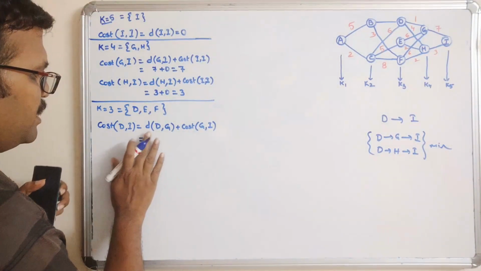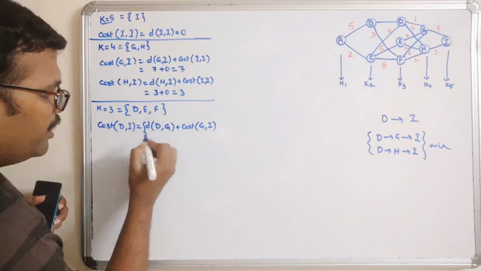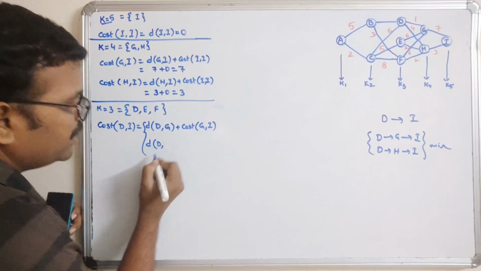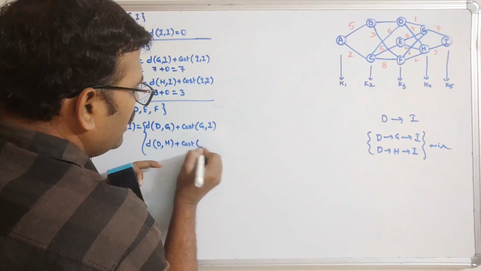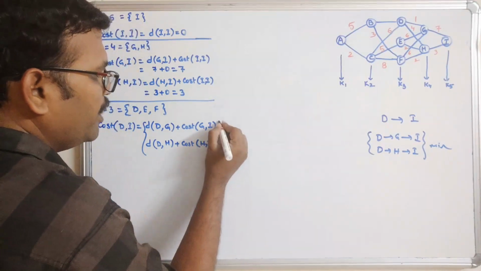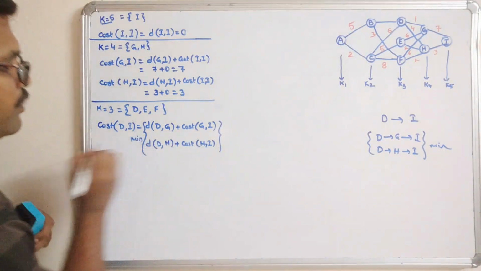So I am finding the minimum value of the distance of D comma G plus cost of G comma I, and the distance of D comma H plus cost of H comma I.